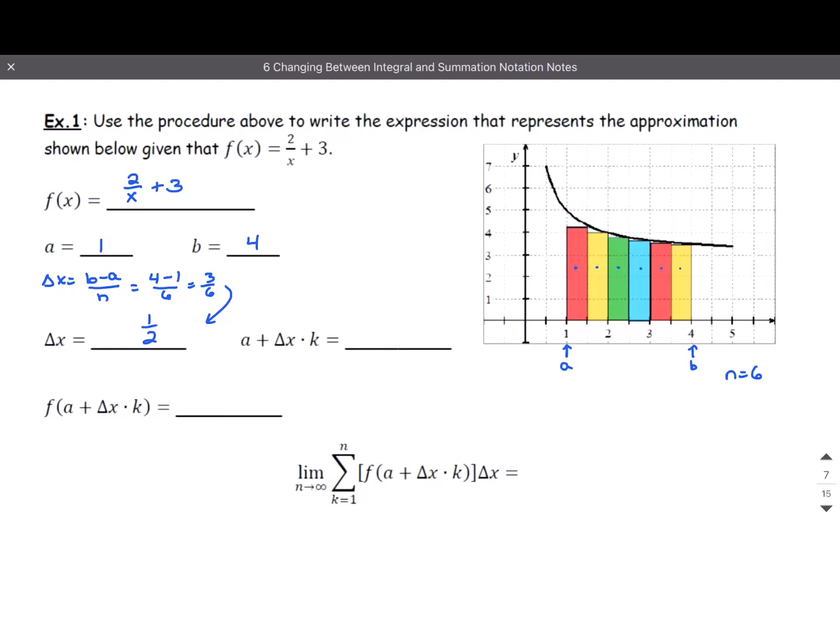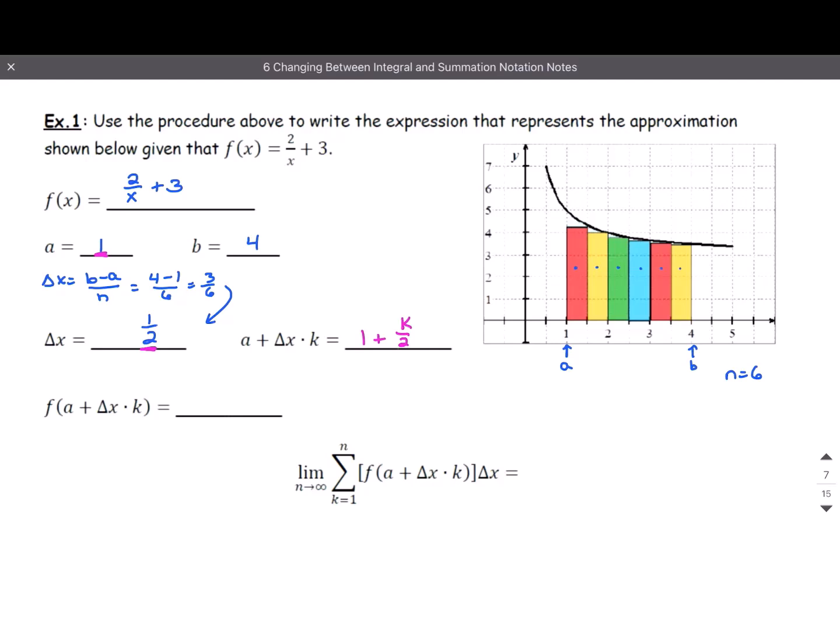Now, we're going to find a plus delta x times k. My a is 1 plus my delta x is 1/2 times k. So I could just make that k over 2, or you could use 1/2 times k. Doesn't matter, but make sure you have that 1 plus.